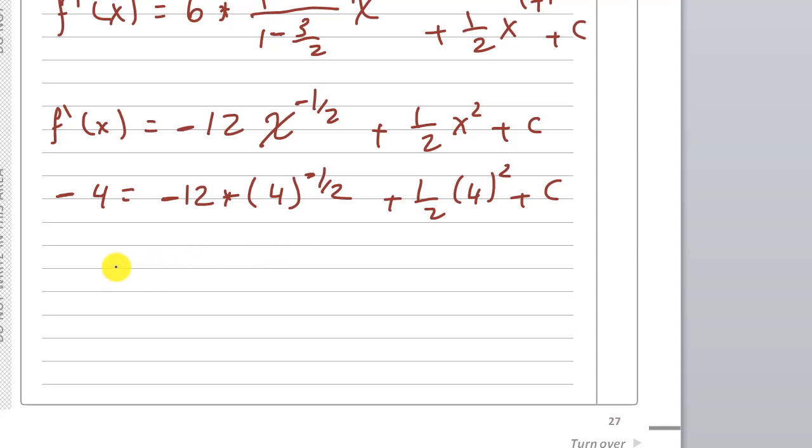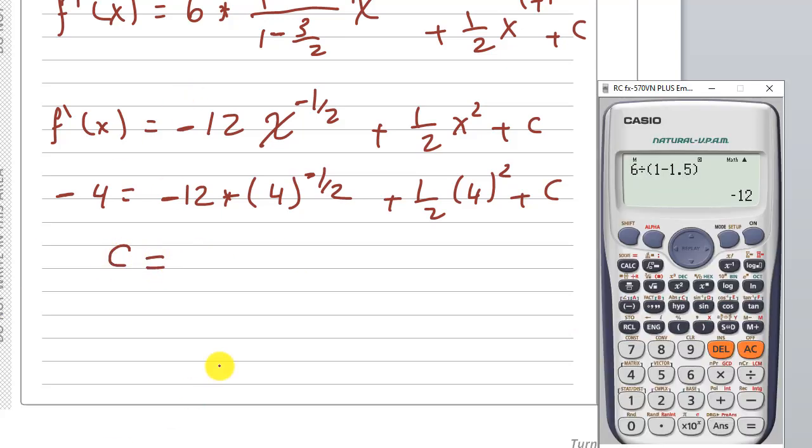So c equal to, let us find the value of c, minus 4 plus 12 divided by square root of 4, 2, minus 0.5 multiplied by 16.